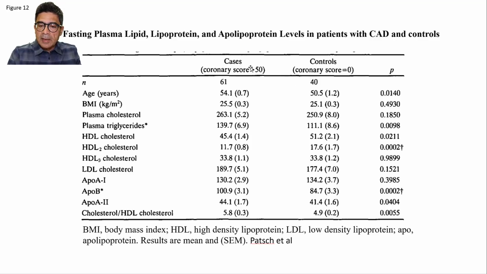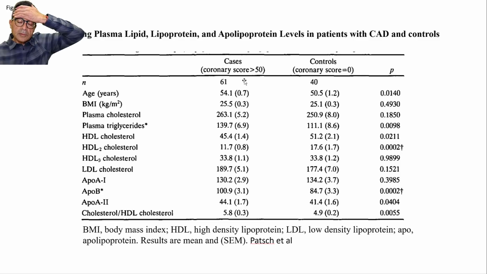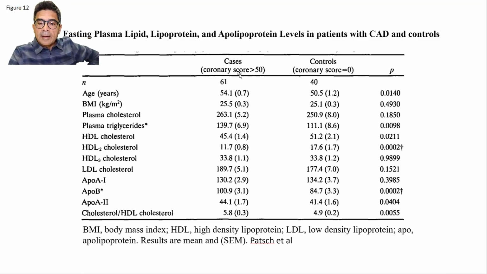So this is a study in which they compared patients with established coronary artery disease. So these people had evidence of calcium in their blood vessels, or blockages. These are controls. And as you can see out here, the triglycerides were higher in cases than in controls. The mature form of HDL was lower in patients with heart disease compared to controls. The LDL cholesterol was not very different.